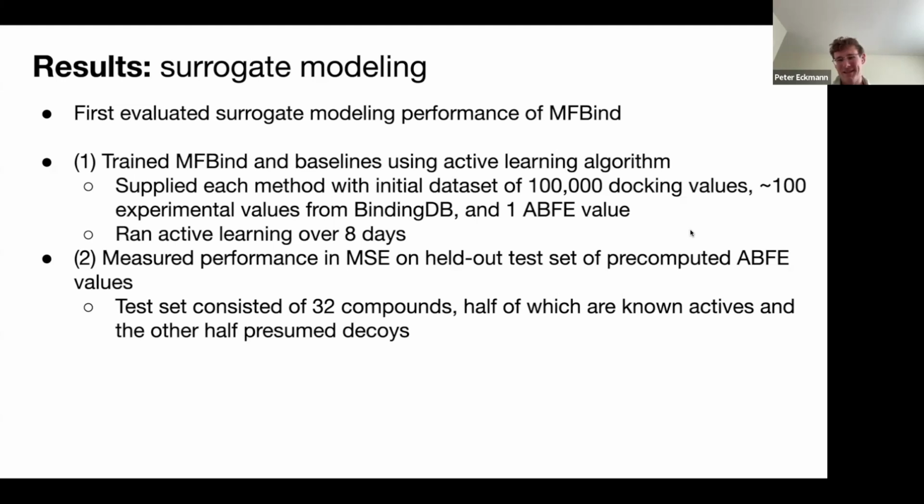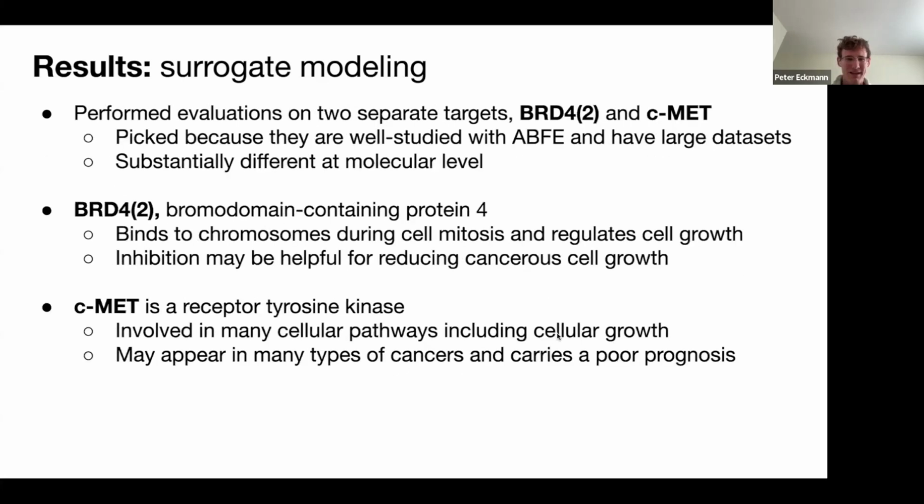That just means we take some compounds that are similar in properties to the actives, and we assume they're inactive because they're randomly selected from some big data set. We made the test set like this so that we had a good range of activities, both highly active and inactive compounds to test the model with.